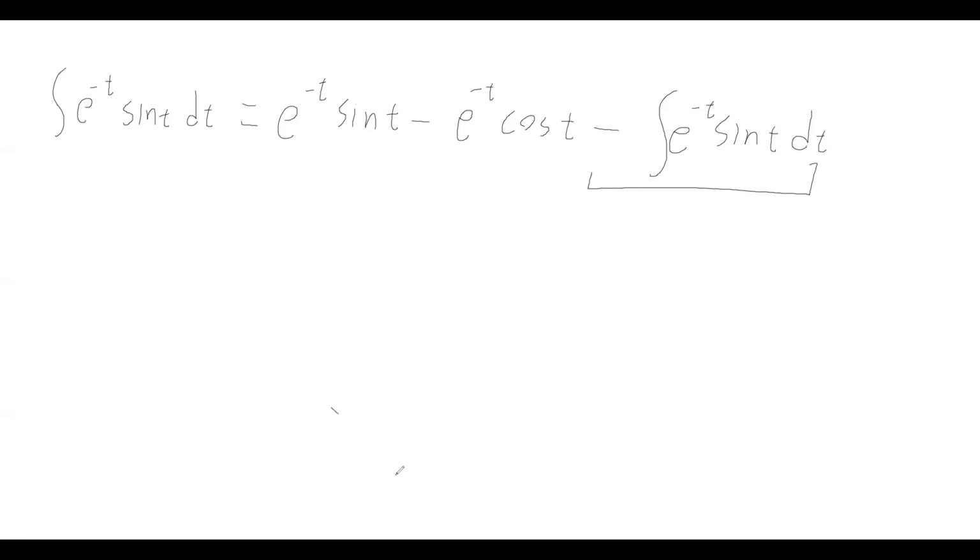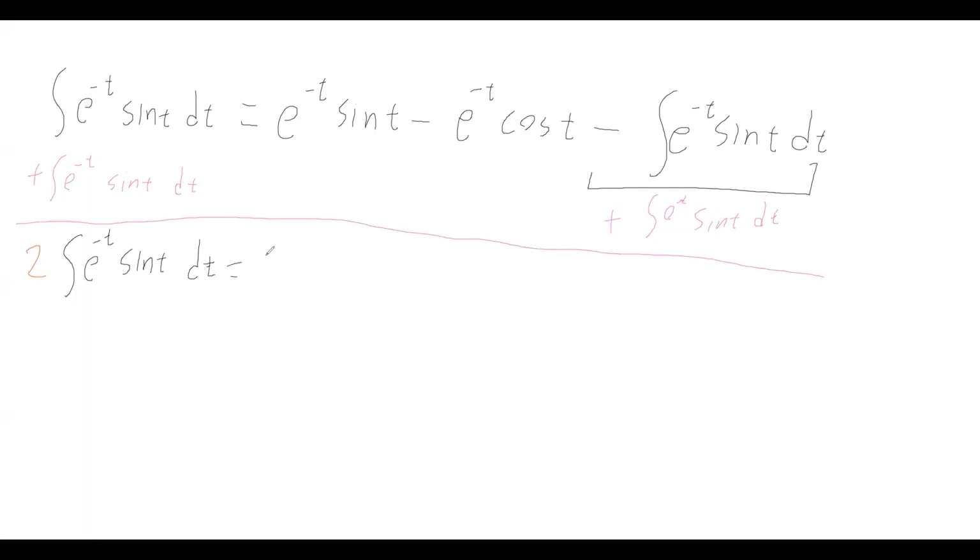So we get 2 times the integral of e to the negative t sine t dt. All right? So what I'm doing is basically adding this integral to both sides. Right? And if you have 2 of the same thing, we can just write a 2 in front of it, right? All right.